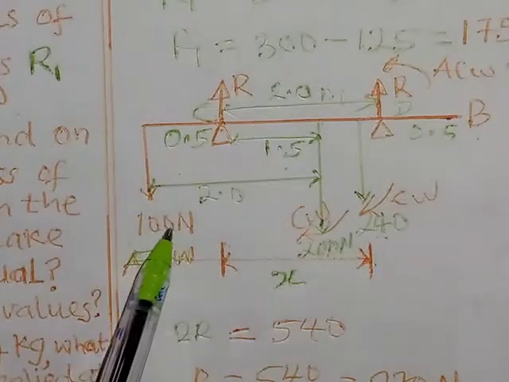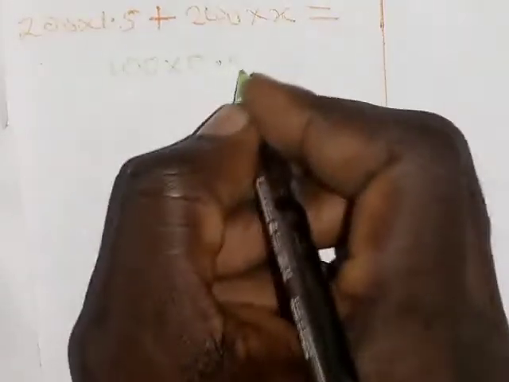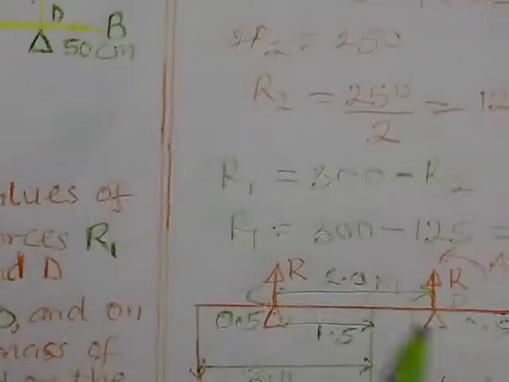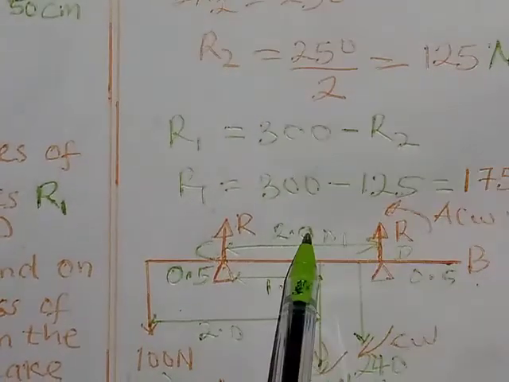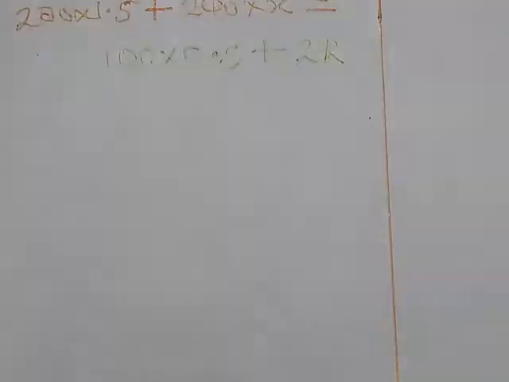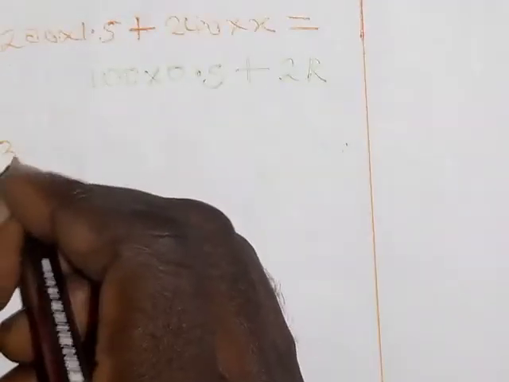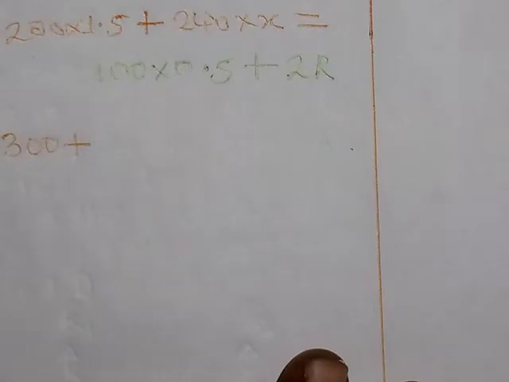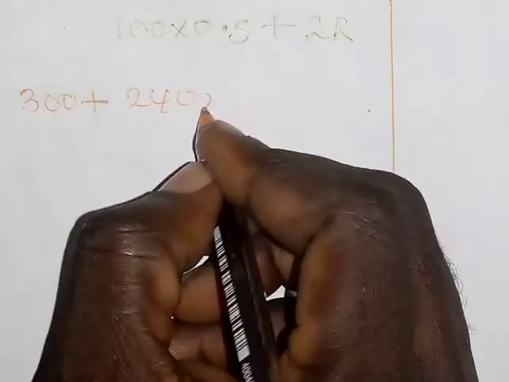So the anti-clockwise moments are 100 times 0.5 plus the distance between this and this, which remains 2, so 2 times R, that's 2R. So that is what we have there. Now the next thing I have to do is just to multiply out. So I have 200 times 1.5 is 300 plus 240x.